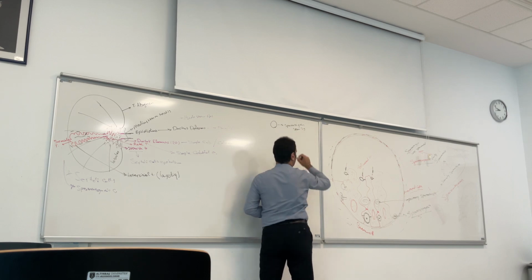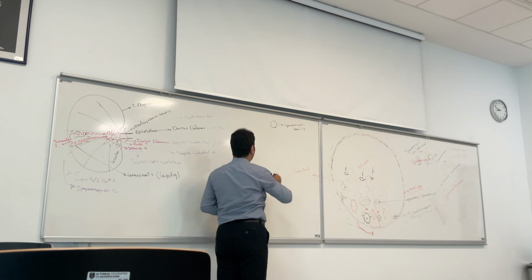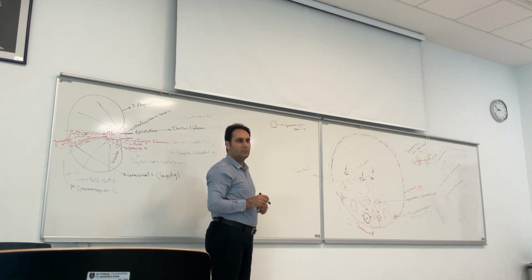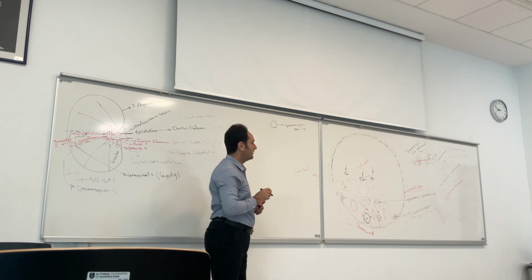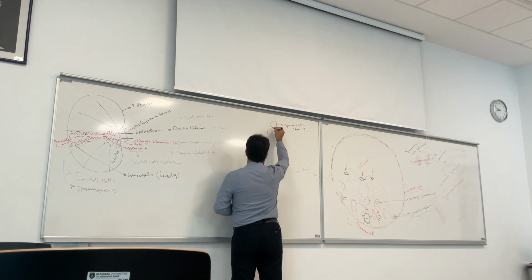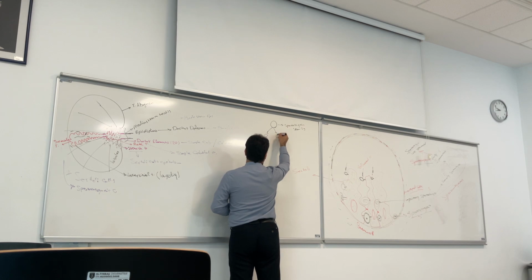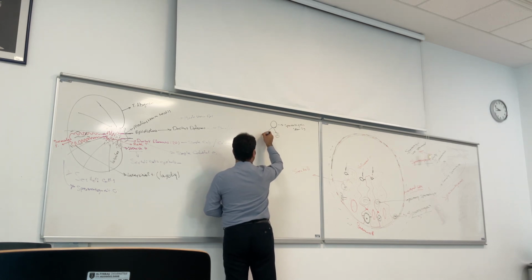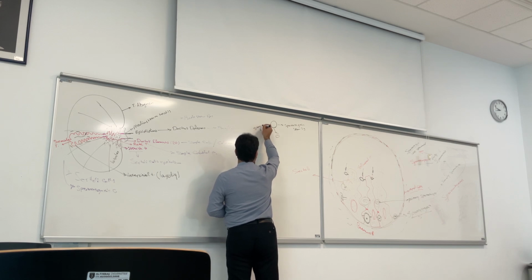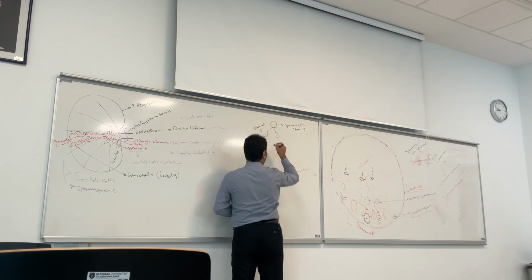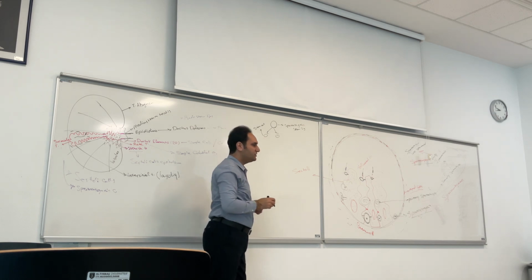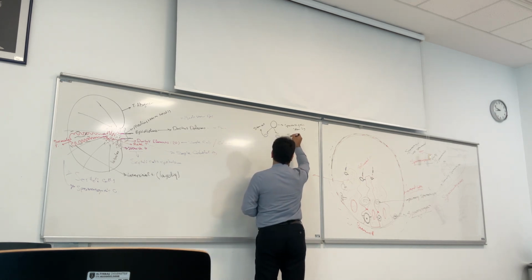This spermatogonia starts mitosis division and forms two cells. One of these cells is a stem cell again, and one of these cells changes into the type A.